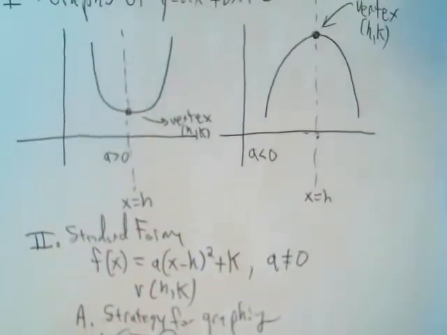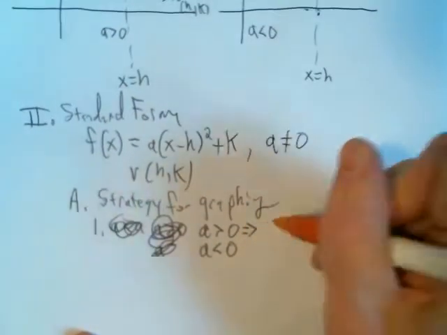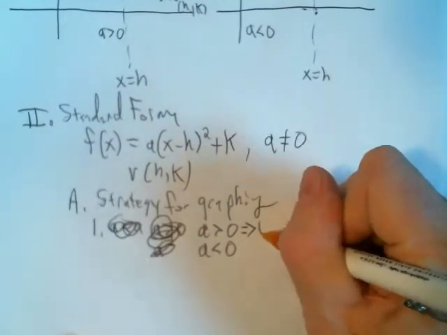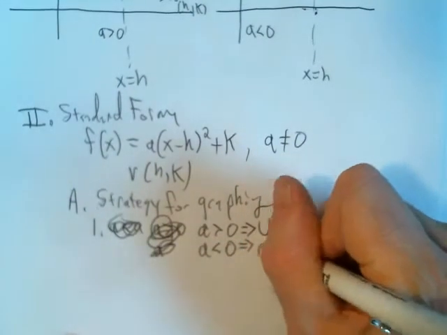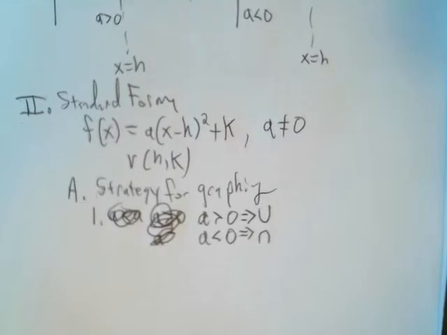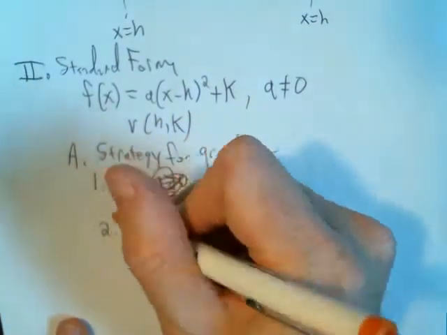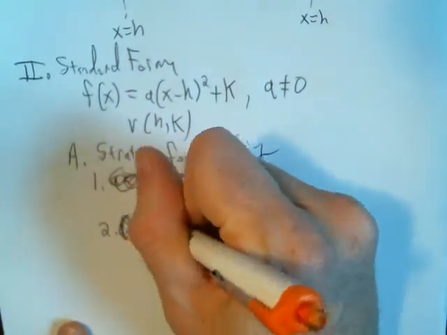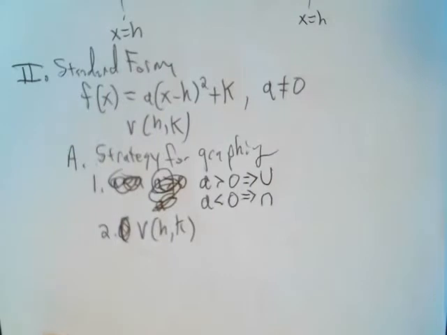If a is greater than 0, then you have this shape. So we'll symbolize that statement by saying if a is greater than 0, then happy face. If a is less than 0, then sad face. Okay? So that's your first step. And from that, you get a pretty good picture of what the thing is. And then on top of that, once you get to the vertex, you have an even better idea. Okay, so you can just read the vertex off of the formula, and there you have it.